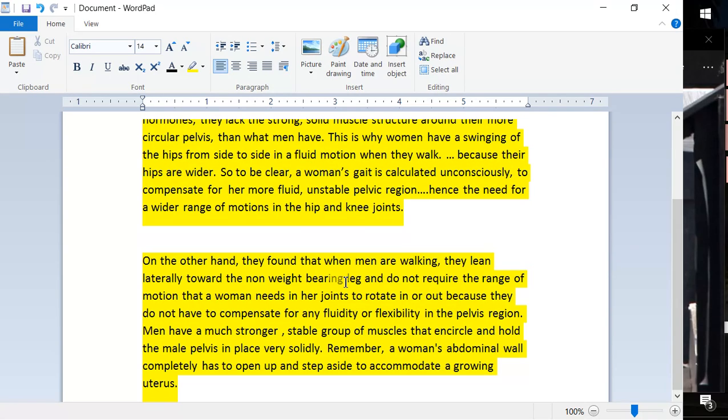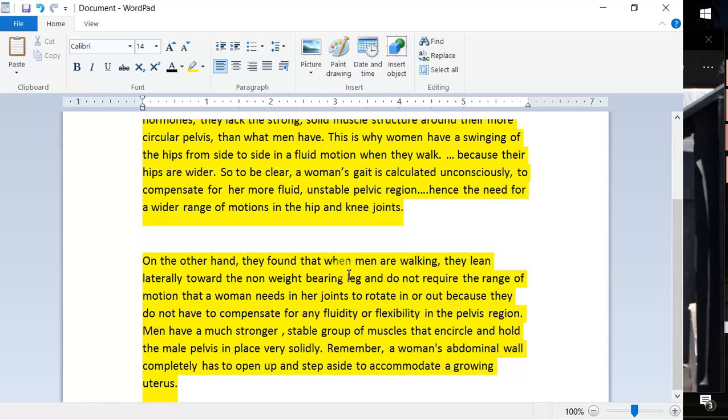So that's why when a woman stands, her weight is much more towards the back. When a man stands, the weight is much more evenly distributed towards the pelvis, the hips, and everything else, while a woman will be much more towards the back, because of that slight pelvis tilt.